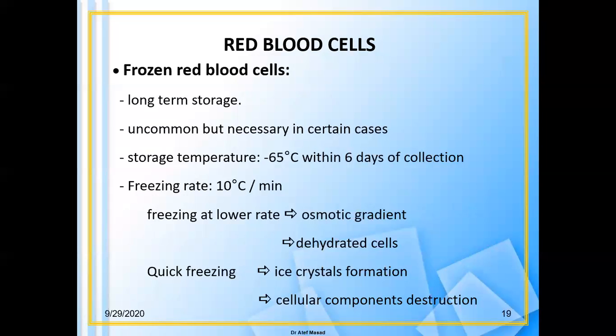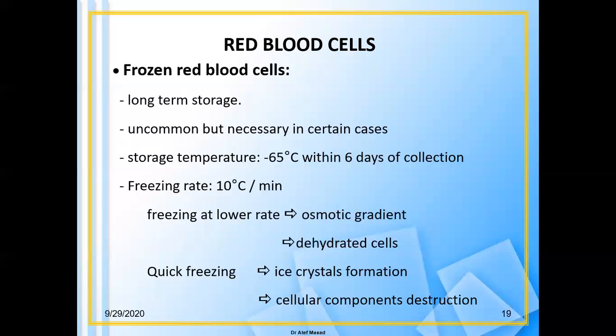Freezing rate: we are transferring red blood cells to the freezer, meaning that we are going to freeze these RBCs. But this kind of freezing shouldn't be vigorous, directly jumping to minus 65 degrees centigrade.